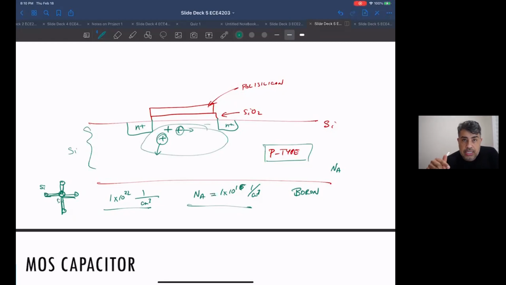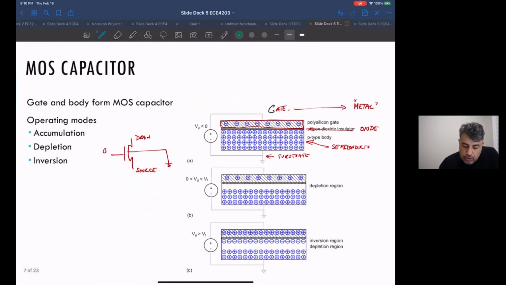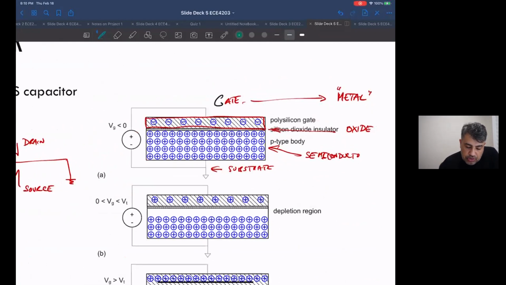A hole is just a lack of a mobile electron moving around the lattice. So this is a long-winded way of reminding you why the P-type silicon here in the bottom has a bunch of positive charges. These are the holes that are generated because this is P-type doped. There's a bunch of boron. The reason I keep mentioning boron is that as far as P-type dopants or acceptors go, it's pretty much all I normally see.